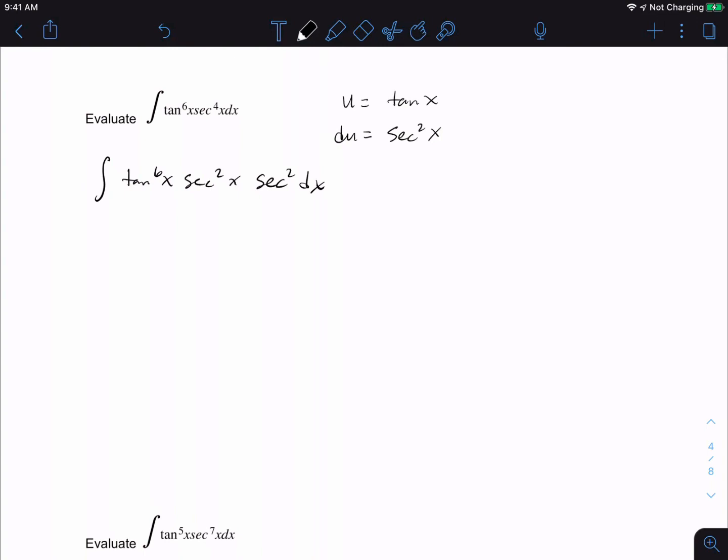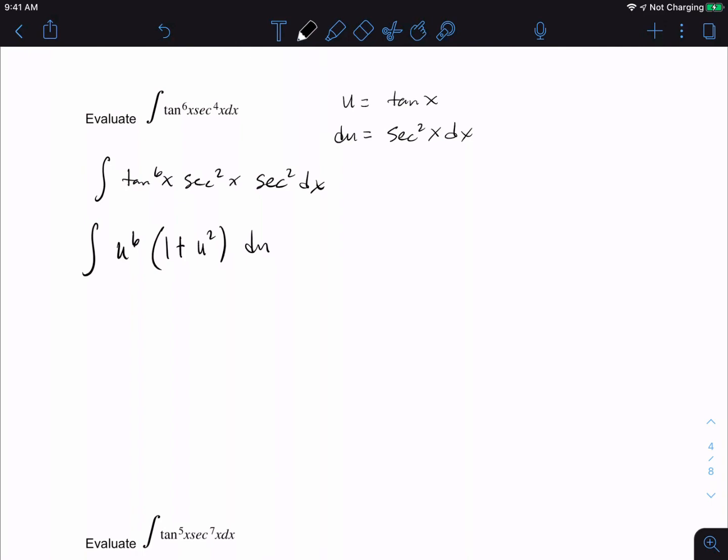And we can see now that from here, that secant squared dx is our du, right? Do you guys see that? Yes. Okay, so that becomes helpful. I also know that I can now manipulate this so that this becomes u to the 6th, and I know that secant squared is in terms of tangent, so it's 1 plus u squared du.